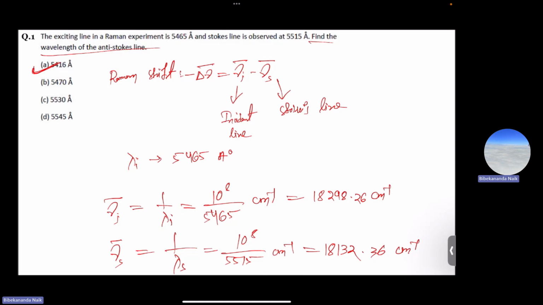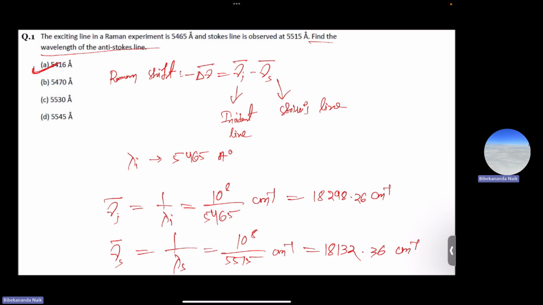So here we know the exciting line has the wavelength of 5465 angstrom. So from that wavelength we deduce the wave number. Then we have two wavelengths, so we will be having two wave numbers, and the difference is known as the Raman shift. One is less than the incident light, another will be higher than the incident light. So the difference we got, which is the Raman shift value, we will add to the incident line.